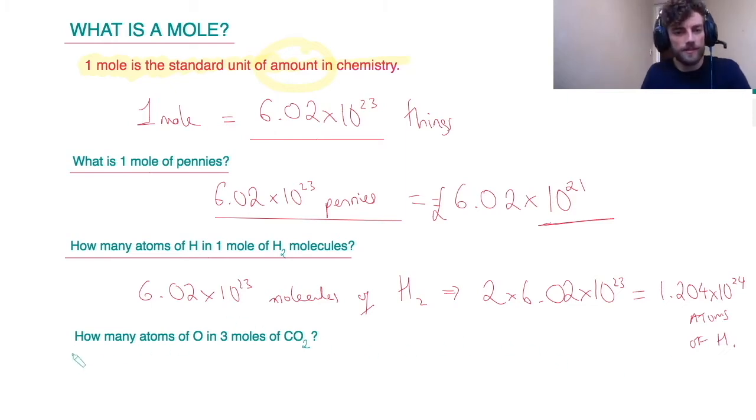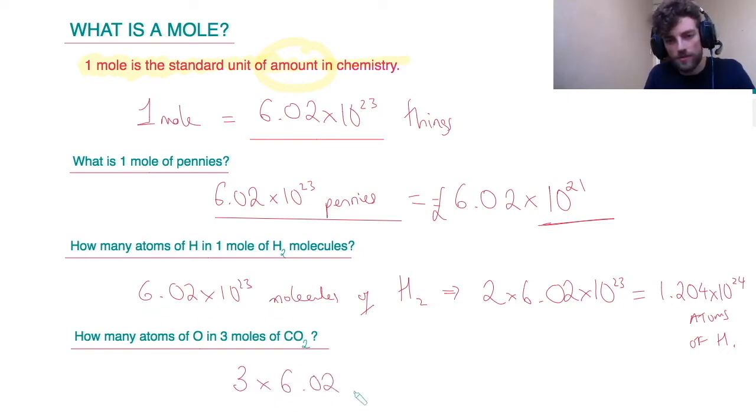And so finally I thought we'd take a little look at this. How many atoms of oxygen are there in 3 moles of carbon dioxide? Once again, 3 moles. That means I've got 3 lots of Avogadro's number, so 3 times 6.02 times 10 to the 23 molecules of carbon dioxide. And in every molecule of carbon dioxide, I have 2 oxygen atoms.